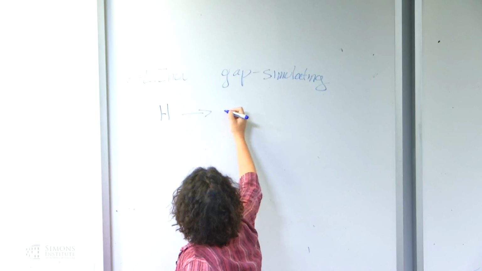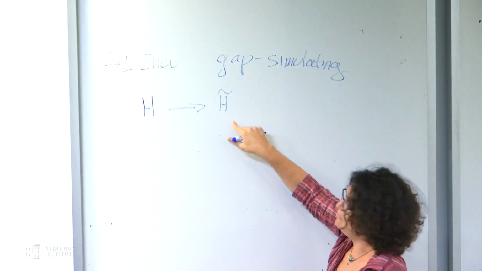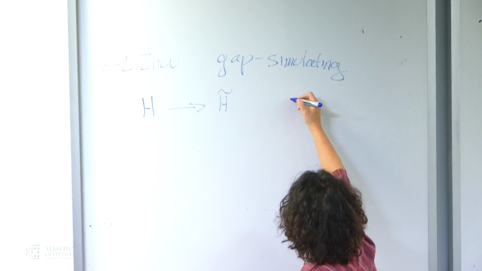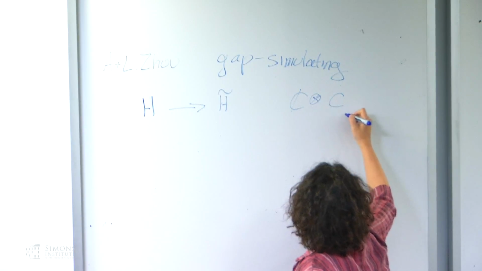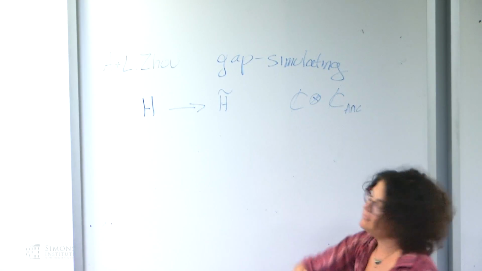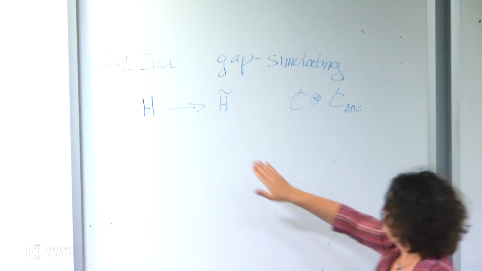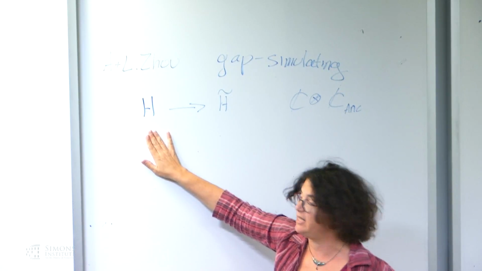So H is simulated by H tilde, which works on some Hilbert space tensor, I have overused H, C tensor C ancilla. Basically what we want is that this thing will characterize the properties of the ground state of this thing.